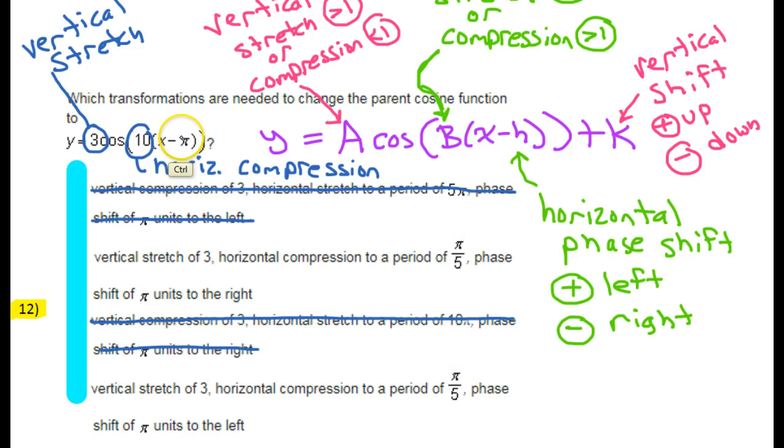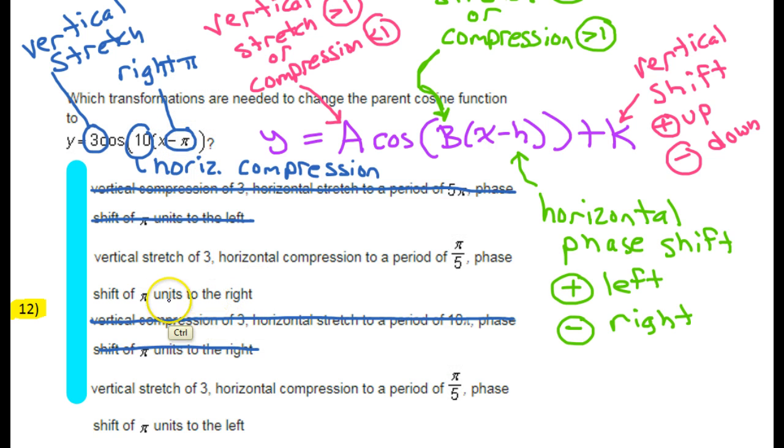So that just leaves the phase shift. Okay, I see this negative pi right here. That's the h value. Now, remember, I told you if this was negative, it would be to the right. So this is a phase shift that is right pi. If it's negative, it's to the right.